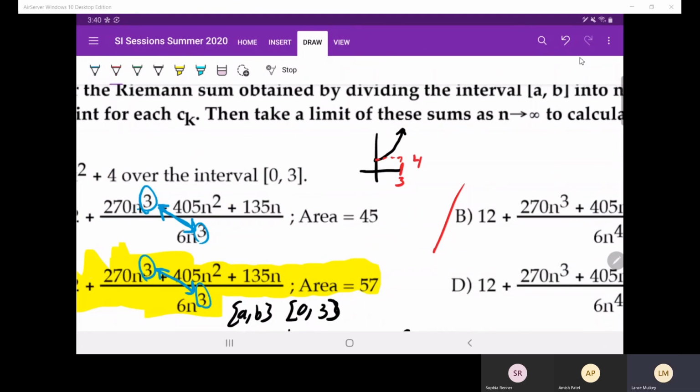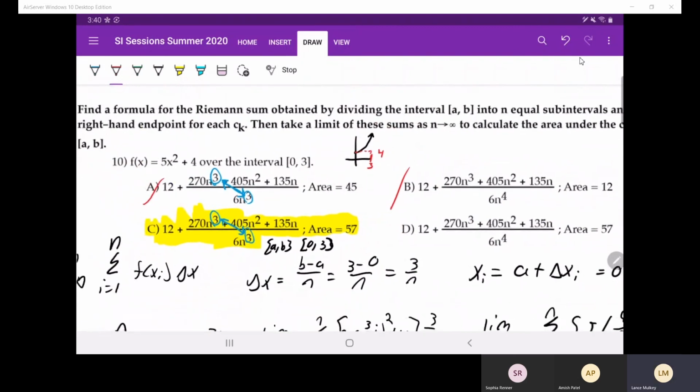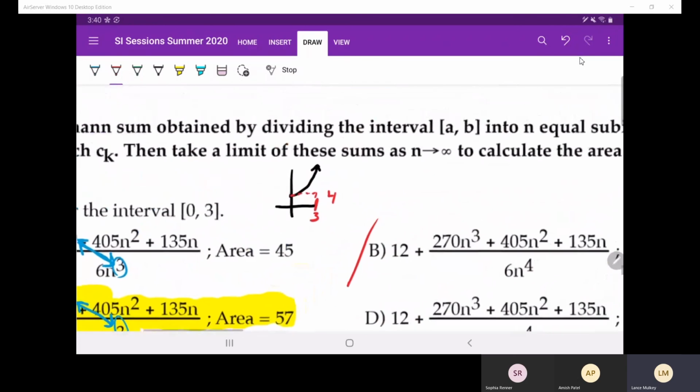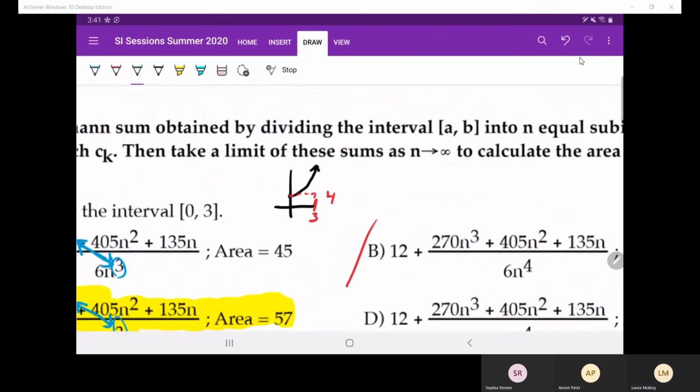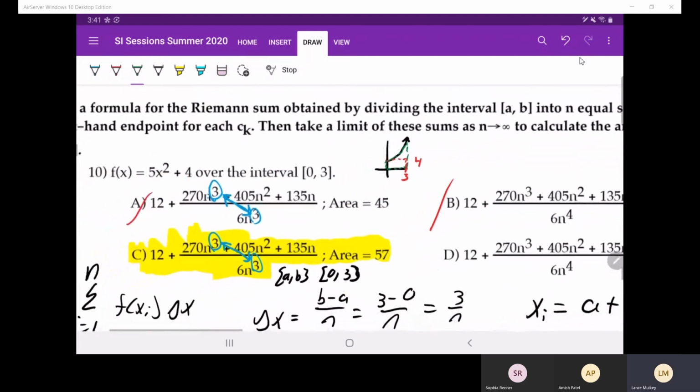So that's 3 times 4. That's the area of the rectangle, right? And since it's always increasing, it's never going to get less than that. And you're looking for the area under all this right here. 4 times 3 is 12. So you're just adding what's on top of the rectangle and all this over here, and you're just keeping 12 right there. I don't know if that's cool to y'all. I'm just a little bit of a geek.